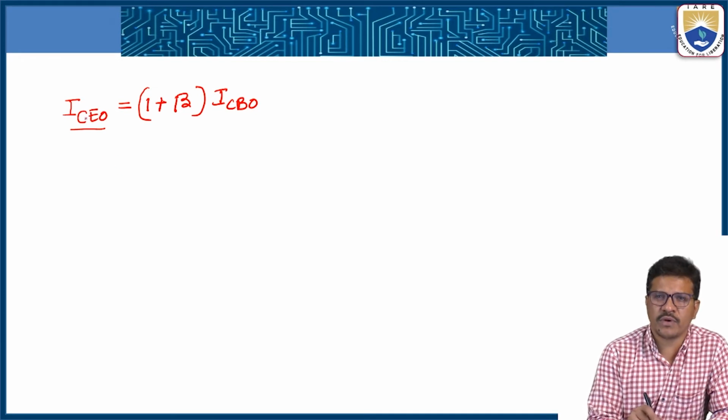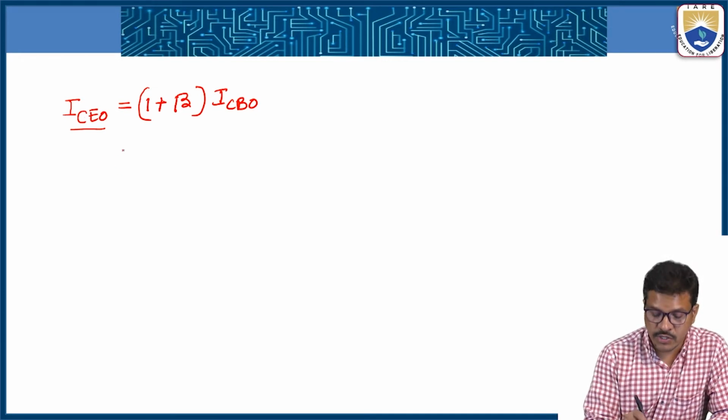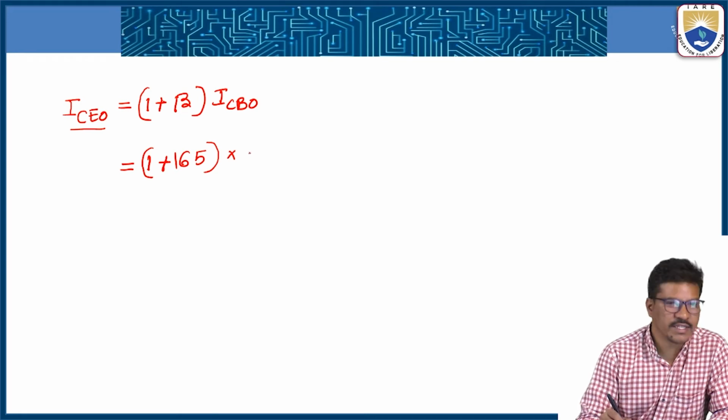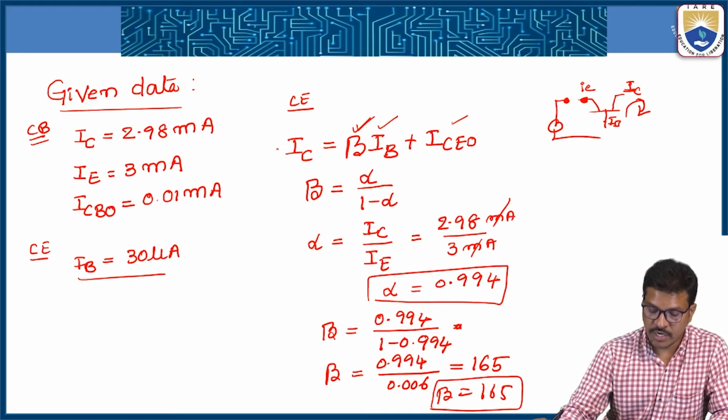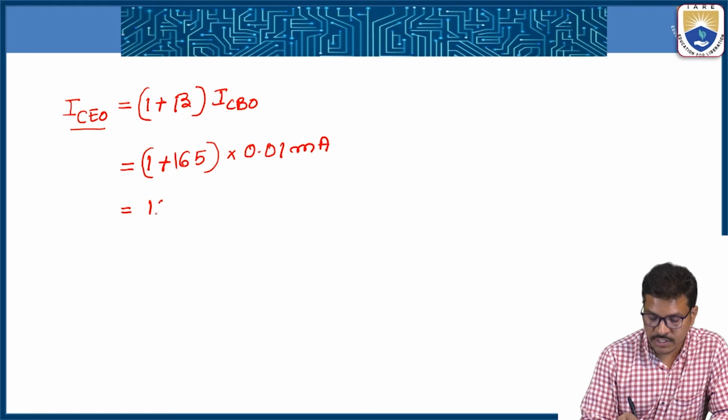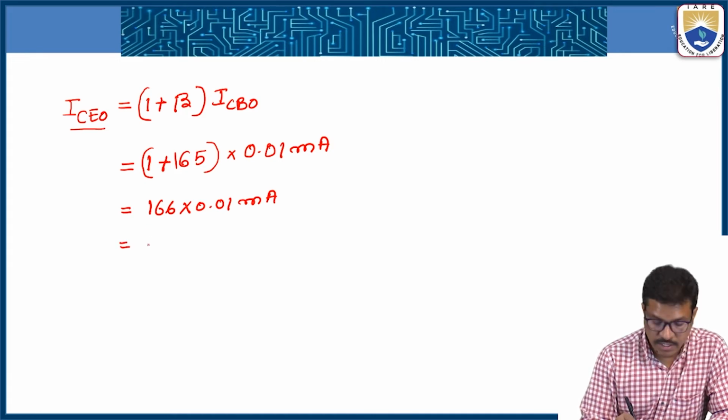This is the second term in the formula. So IC naught is equal to 1 plus beta, that is 166, into ICB naught. ICB naught is given in the problem as 0.01 milliampere. So 166 into 0.01 milliampere gives 1.66 milliampere.